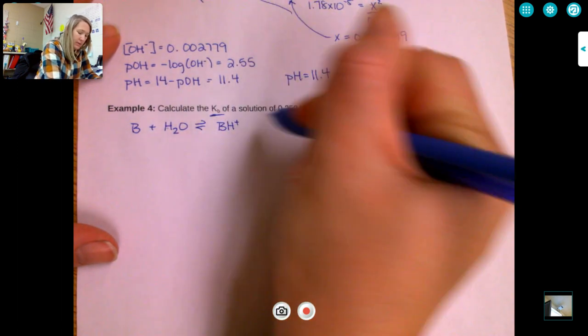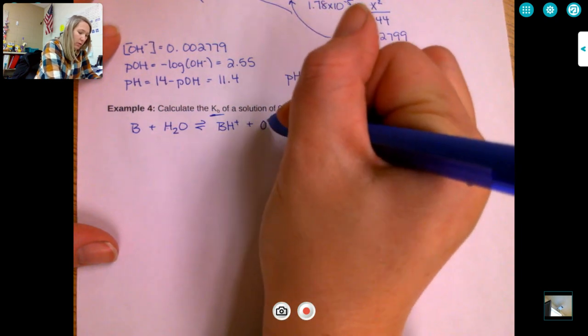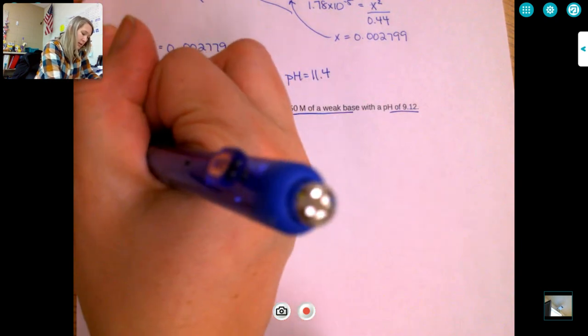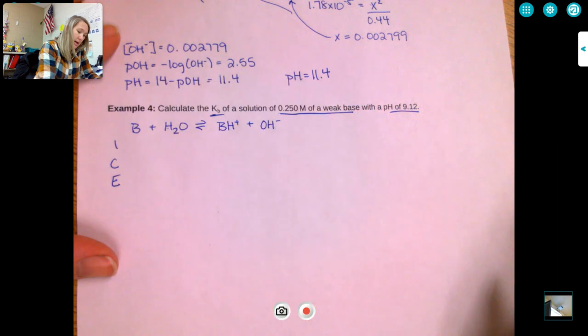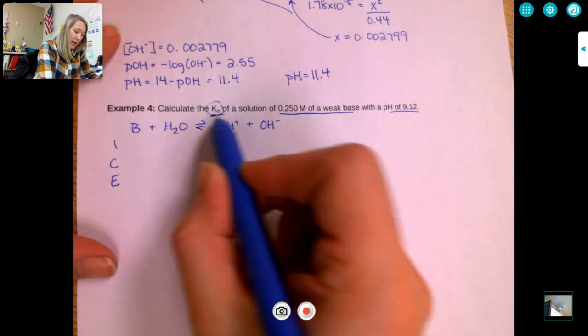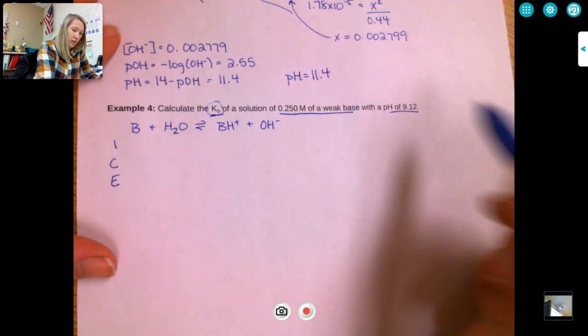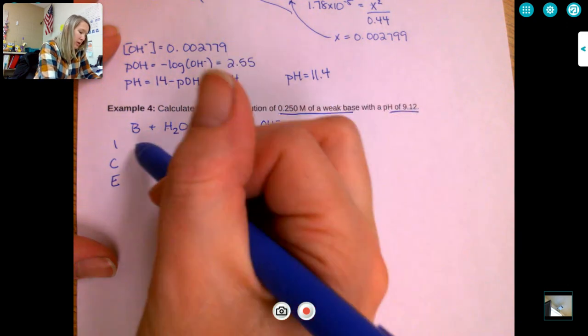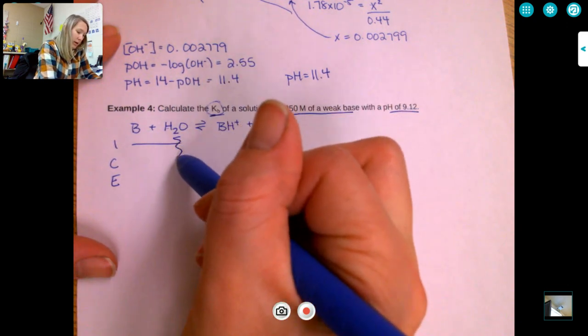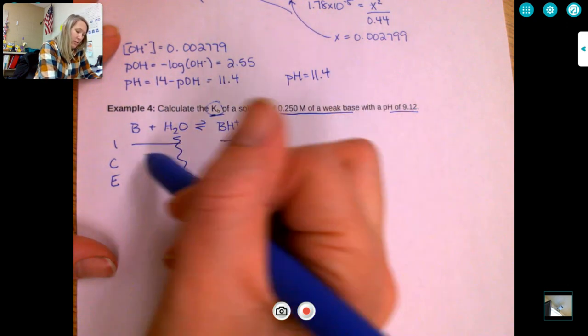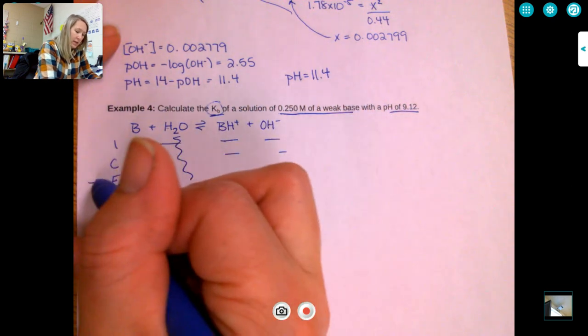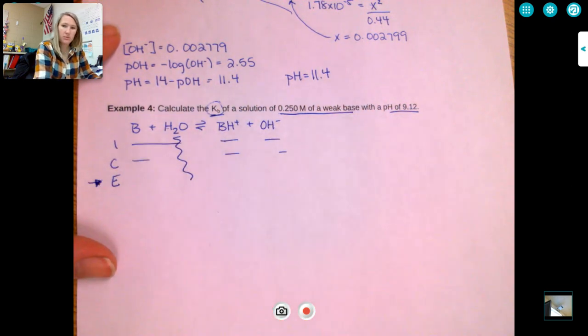The base is going to accept the hydrogen from water. Water loses its hydrogen. Now it tells us that we're looking for Kb and it's already dissociated. So we don't care about water, but we're looking at equilibrium here because it's already dissociated. The ions are already in solution.